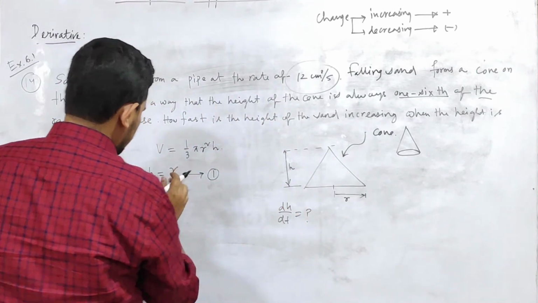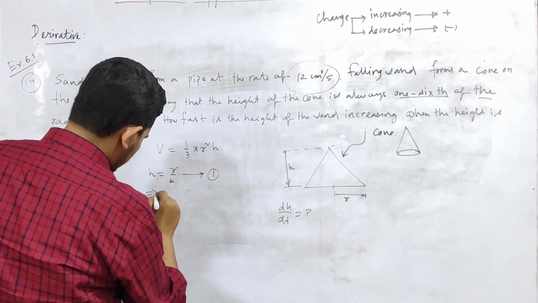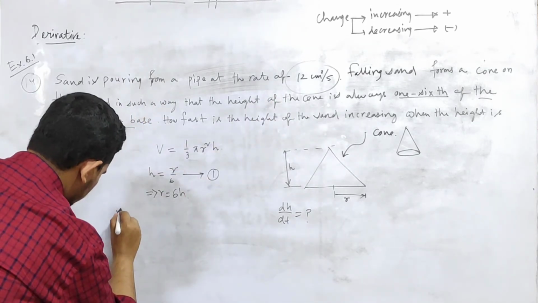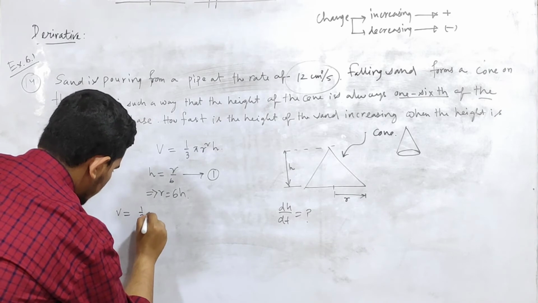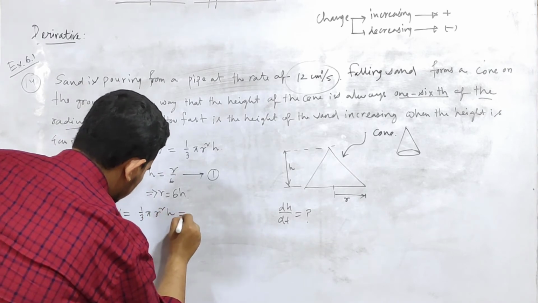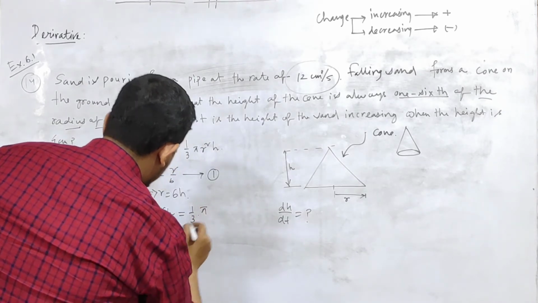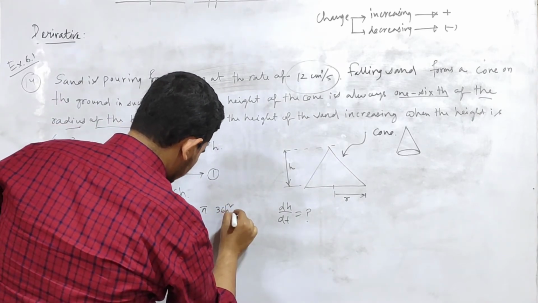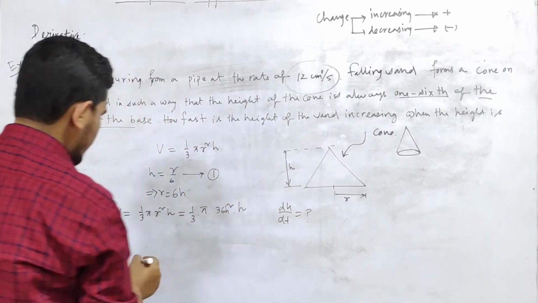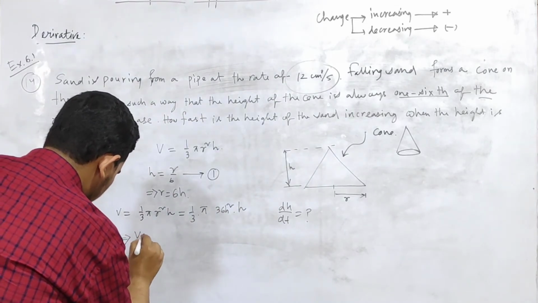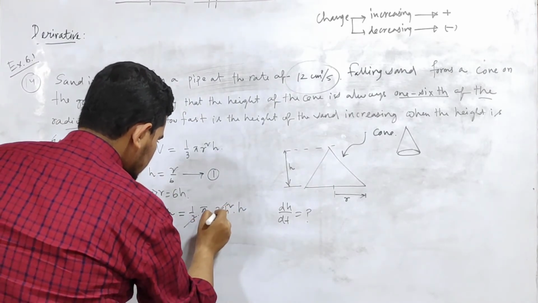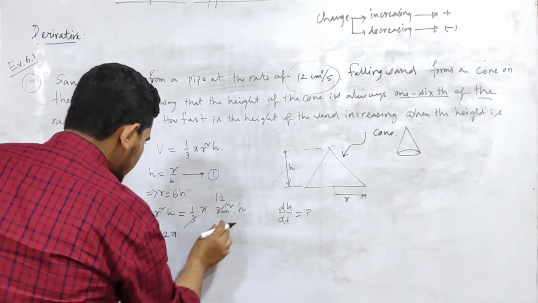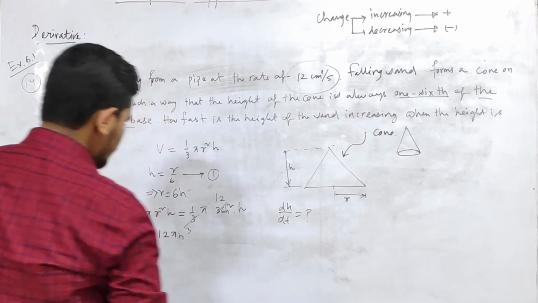So let's replace r in this volume expression, that is volume 1/3 pi r square h. So 1/3 pi, r will be 6h, so 36 h square into h. So the volume will be 36 by 3, that is 12 pi h cube.